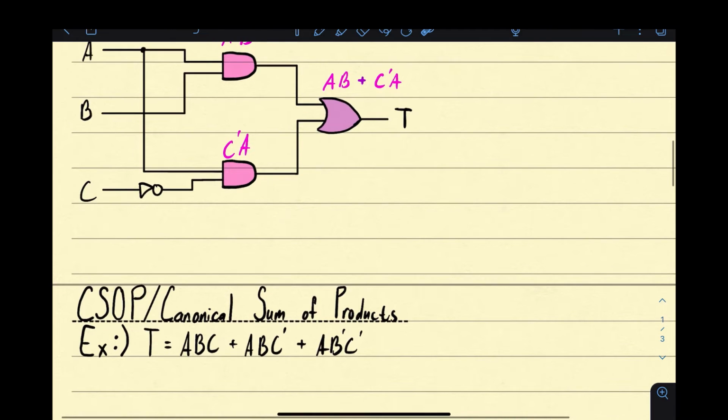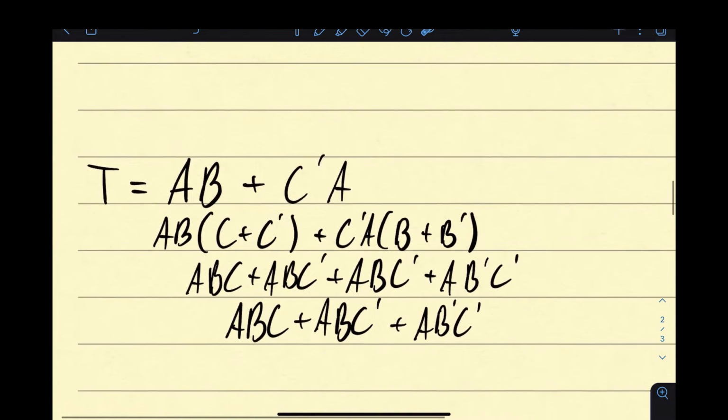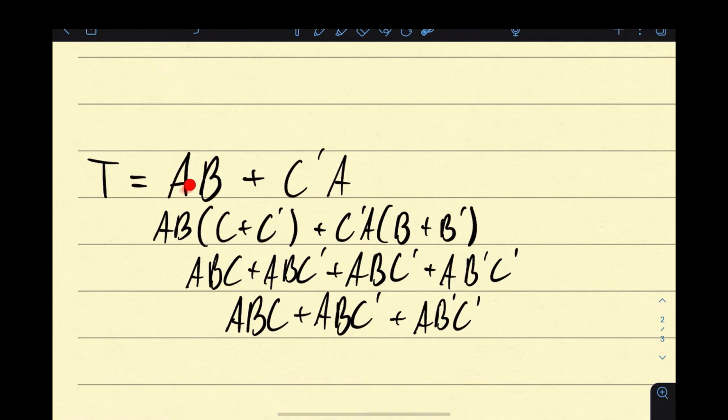So to get this equation, what you have to do is you take this original equation, just the SOP form, and expand it. And to do so, you need to use the distributive law. I have the work shown here actually. So here's the original equation. So what you need to do here is you look at the first term.